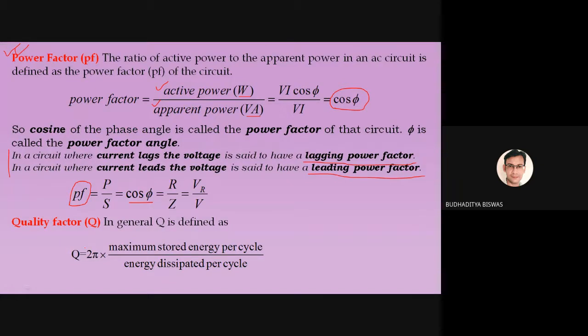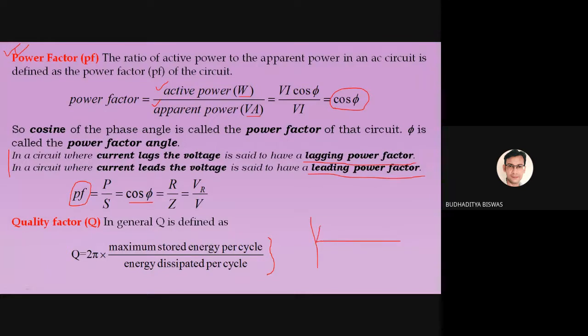Come to this one, quality factor. In general, the quality factor is defined as 2 pi into the maximum stored energy per cycle divided by the energy dissipated per cycle. This is actually related to the nature of the AC waveform. If it is a good quality factor, then the dissipation should be 0, like a pure sine wave.